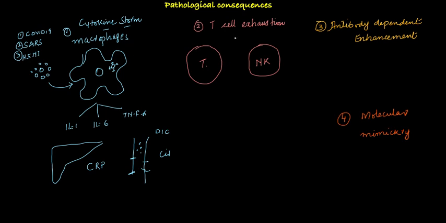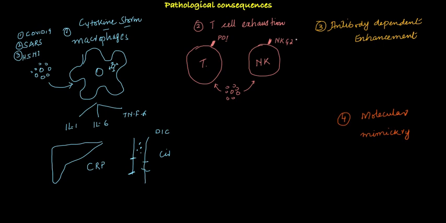Then another thing that happens is, if the viral antigen persists, it can lead to T cell exhaustion, and this T cell exhaustion is actually caused by the persistence. So the virus is persisting in the body, and this will trigger both T cells and NK cells to express special receptors, for example PD1 and NKG2A.